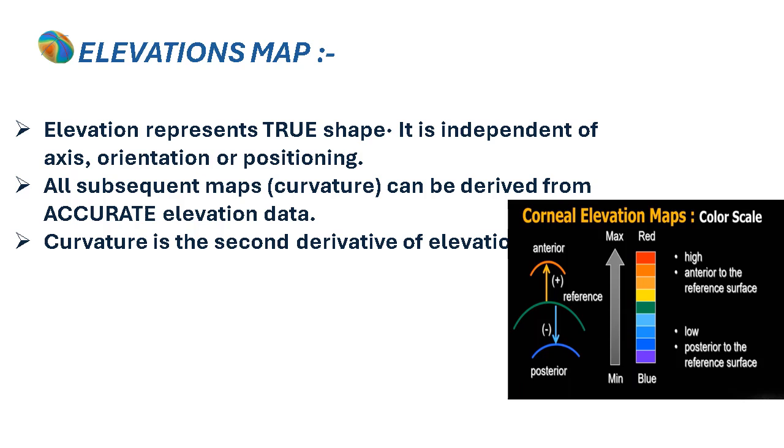In the elevation maps, it primarily measures the elevations, and the curvature is a secondary derivative. However, in the curvature maps, it primarily measures the curvatures, and it can give some information about the elevations. The elevation map is represented by a scale with cold colors and hot colors, as you can see in these pictures.